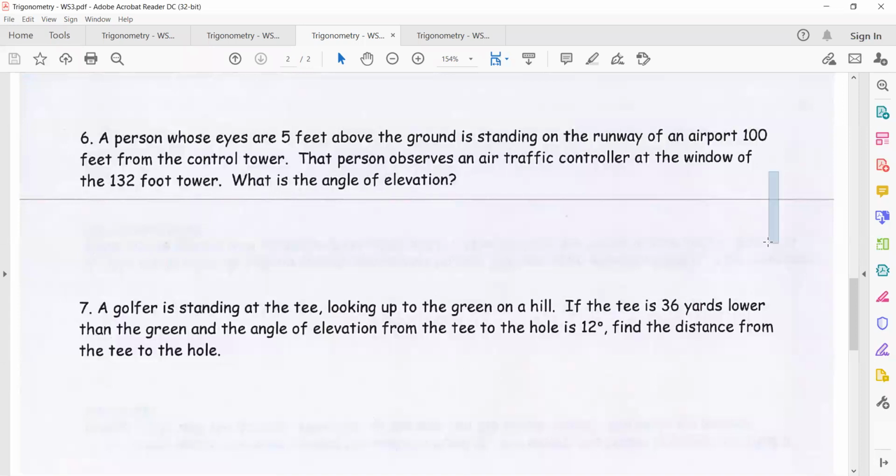So this is the control tower. This is the ground. And this is the person standing.